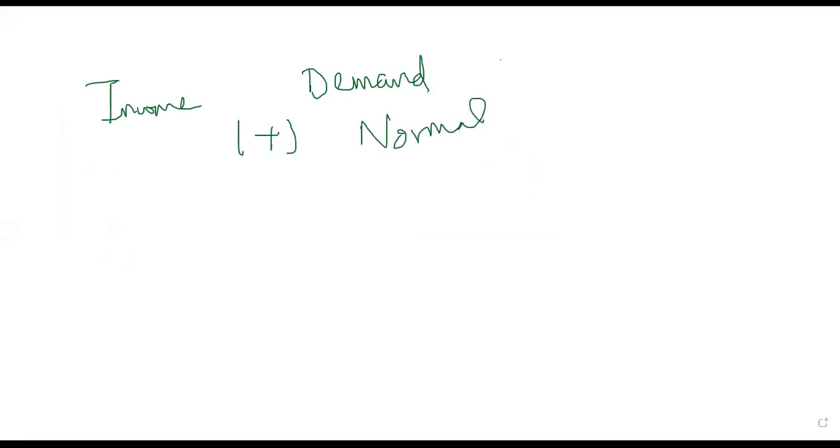Income and demand, positive relationship for what? Normal goods. Then income and demand, negative relationship for inferior goods.